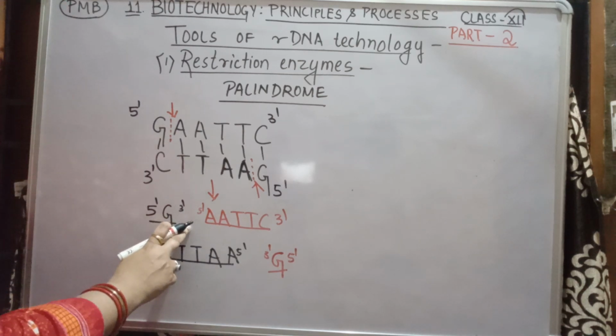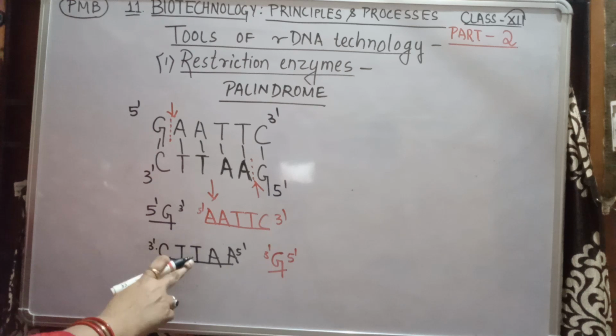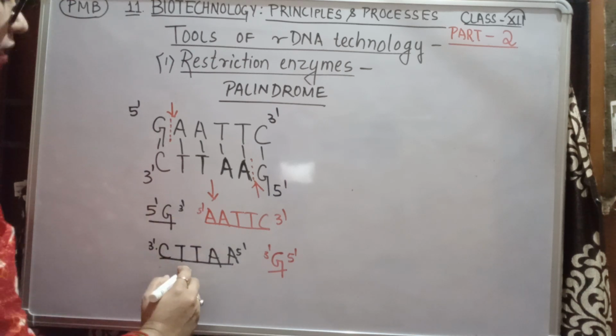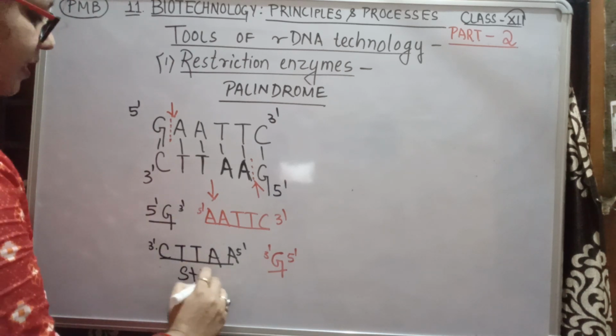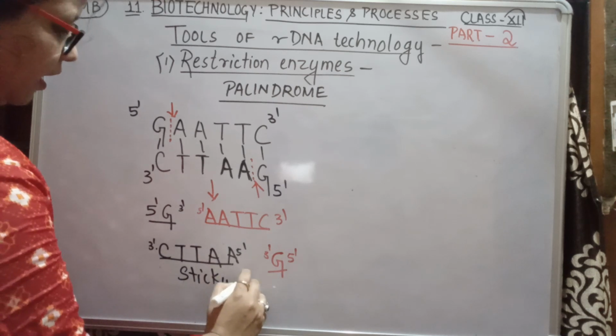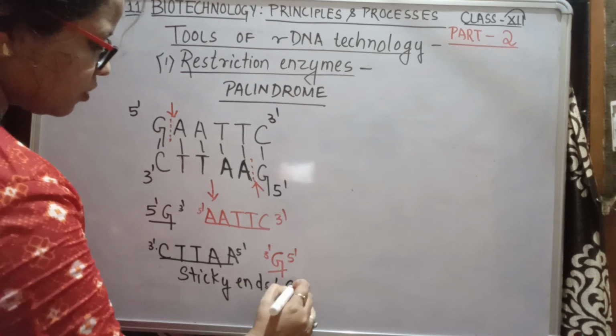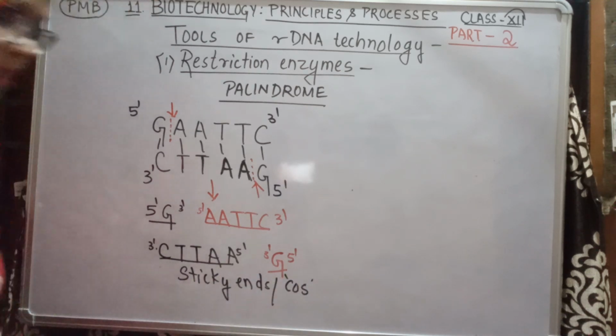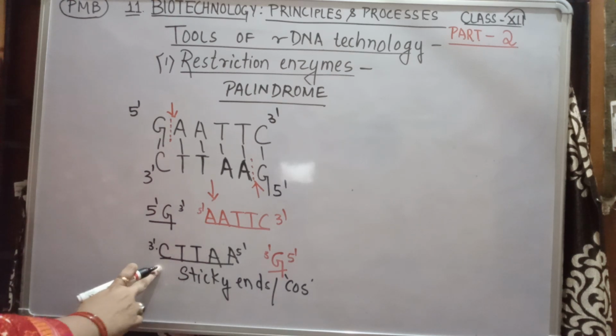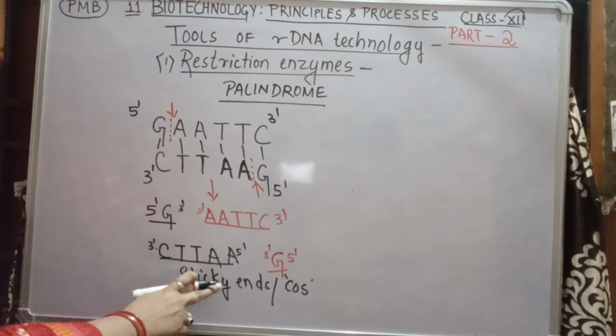So we are getting non-even ends. These ends are called sticky ends, or cohesive ends. Why are they called sticky ends?